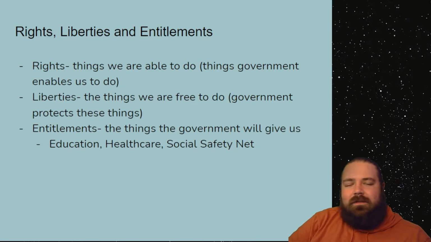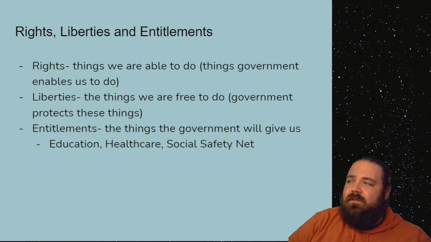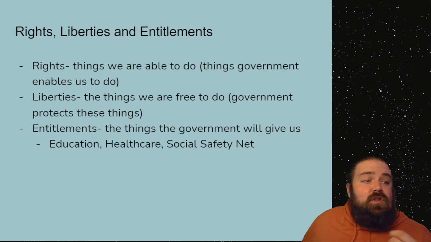So a right, just to recap, is a thing that you are able to do and that the government actually helps you to do, like vote. There are other things in this category, but voting is the big one that really makes a lot of sense. Liberties are the things that you are free to do because you're human, and the government actually protects the doing of these things.